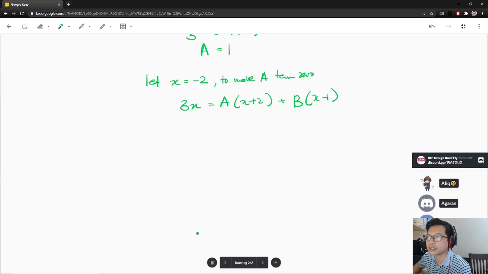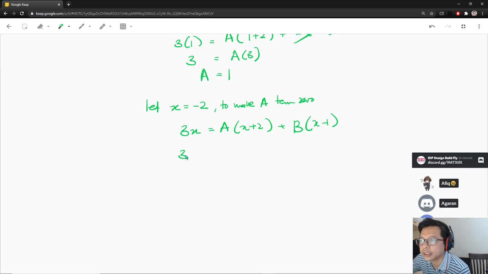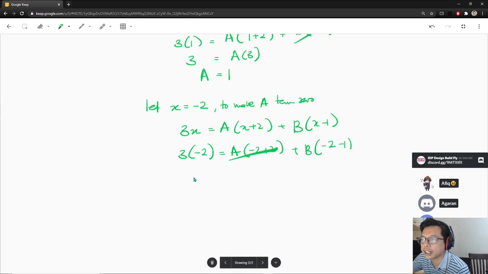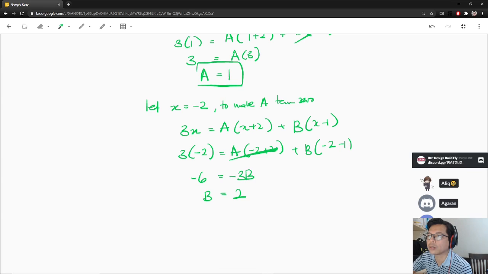So I'm letting x equal to minus 2. So this is 3 times minus 2, a(minus 2 plus 2) plus b(minus 2 minus 1). This is 0, so I can ignore that. I'm just left with minus 6. This is minus 2 minus 1, minus 3. So minus 3b. b is then 2. Nice.